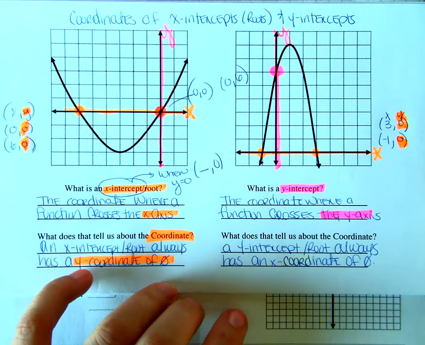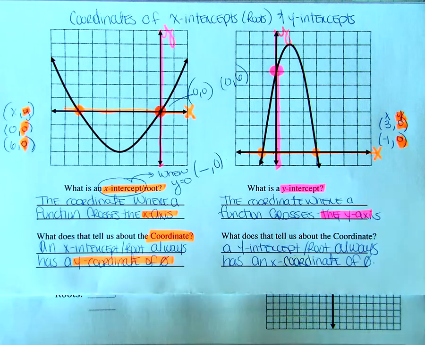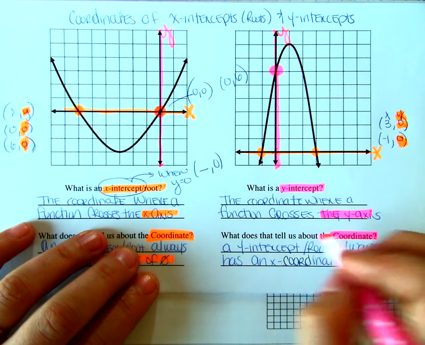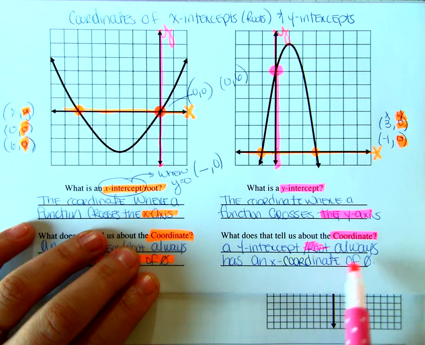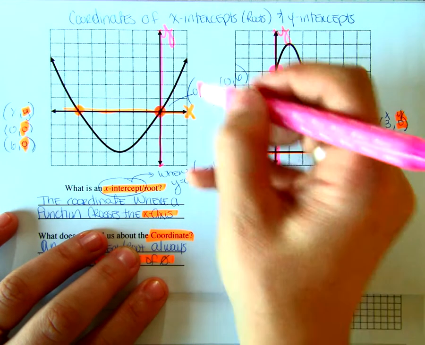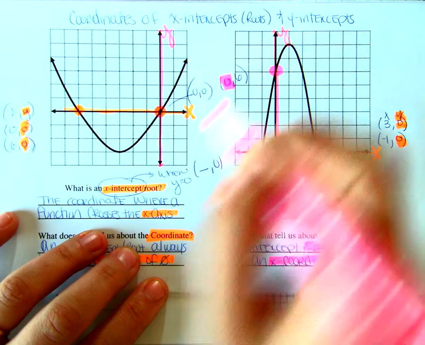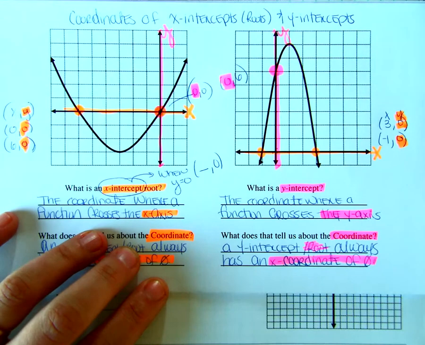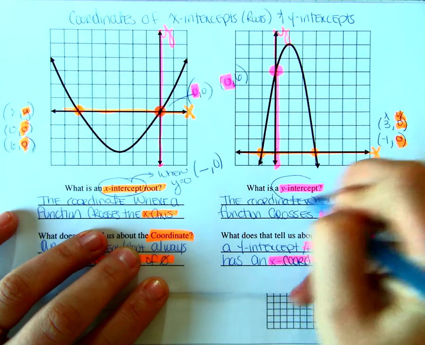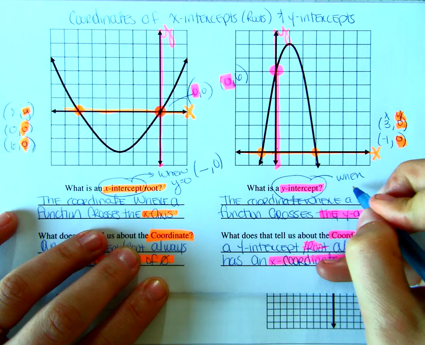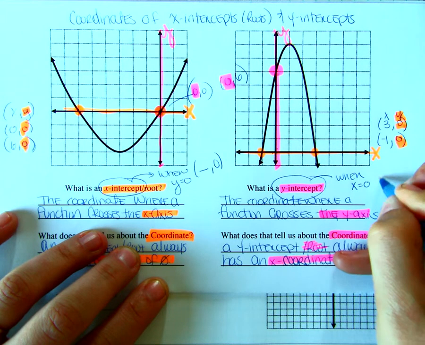So what does the coordinate actually tell us? When we look at the coordinates, a y-intercept will always have an x-coordinate of 0. So if we take a look, you see here that the x-coordinate is 0, and here the x-coordinate is also 0. So when you see the idea of a y-intercept, we know that always happens when x equals 0.